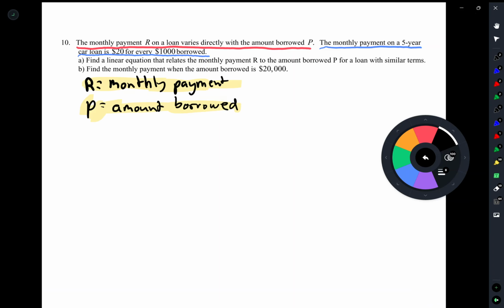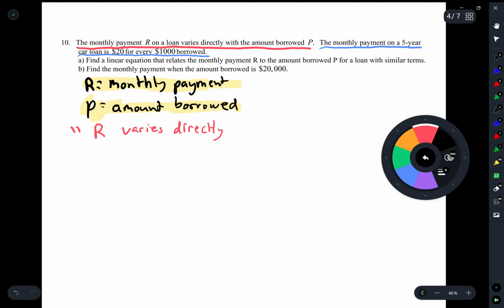Now let's reread that sentence and translate it into math. It says the monthly payment R on a loan varies directly with the amount borrowed P. Instead of saying the monthly payment R, I'm just going to say R. R varies directly, which we'll get to in a minute, with the amount borrowed P. Wherever you see the words amount borrowed, you can just replace it with the variable P. We talked about what varies directly means.